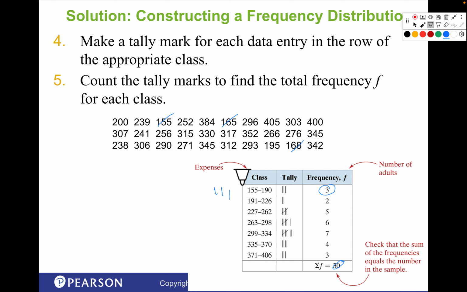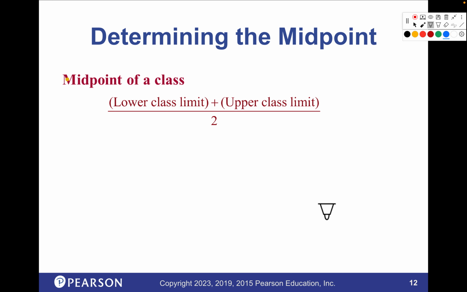Okay, so this is the first part of getting the frequency distribution. We've got our classes, we've got our frequencies. Sometimes when we want to report, notice, because like I said, we don't really know, it's got a width of 36. We don't know whether they're at the beginning or the end. So one way to characterize data is to take these classes and look at them as if they were actually a point.